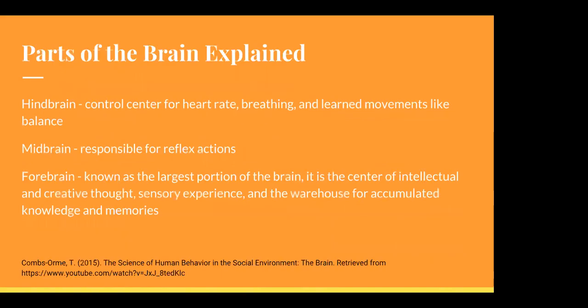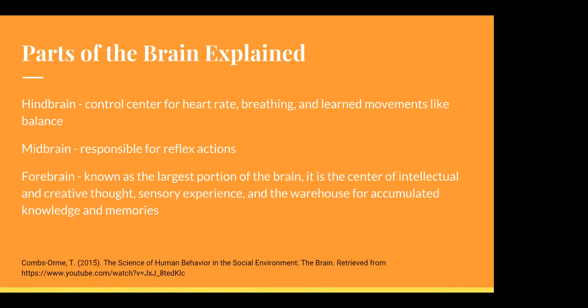And then the parts of the brain. There are three main parts of the brain that need to be explained. You have the hindbrain, which is the control center for your heart rate, your breathing, and learned movements. Those are things that you don't really have to think about. It's an automatic thing that your body does on its own. You have your midbrain, which is responsible for reflex action.